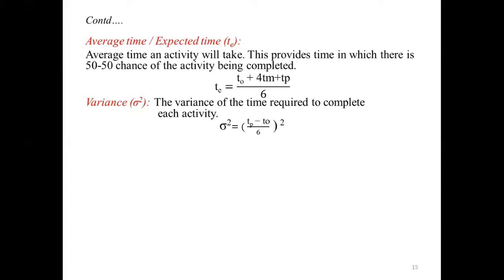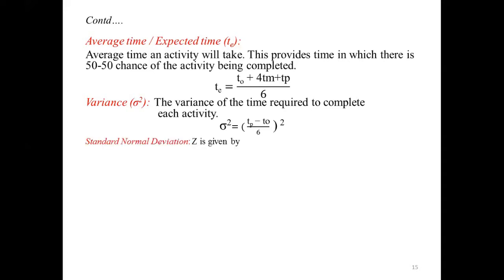Then to calculate variance sigma square, we have a formula: TP minus T naught, divided by 6, whole square, where TP and T naught are pessimistic time and optimistic time.